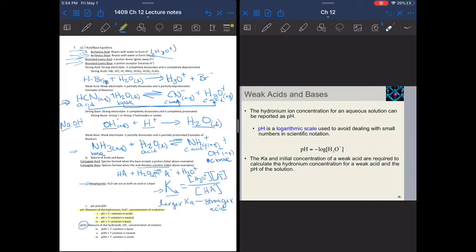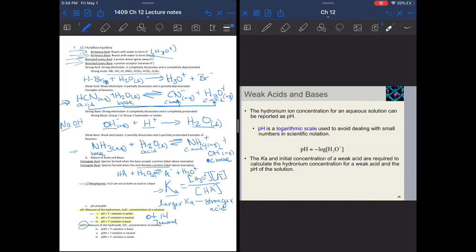You do need to know what pOH is, and we'll look at that. But this scale is from 0 to 14, and 7 is neutral. Anything below 7 is acidic. Anything above 7 is basic, meaning the balance of H3O+ to OH- leans either acid or base.